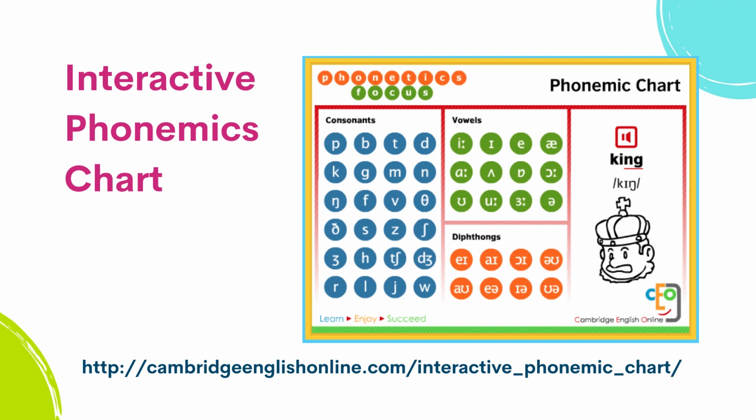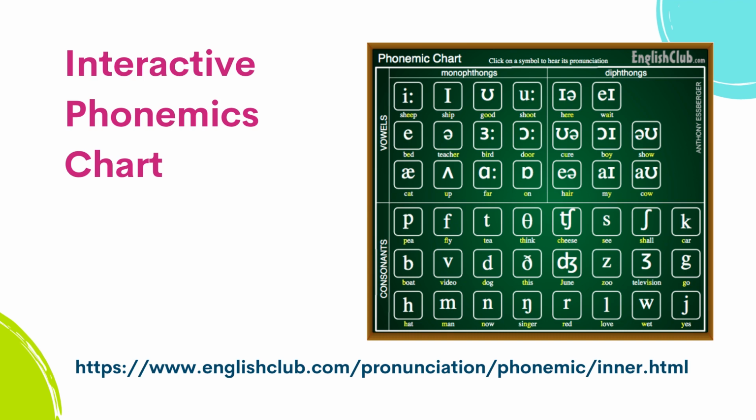Another way to use interactive phonemic charts is from theenglishclub.com. This is actually about the same thing, but here you can see the image of the phonemic chart and then the example word. For example, this one is the long E, for example, sheep. And then this one is the shorter E, ship, and so on.